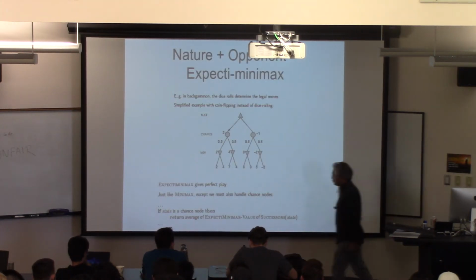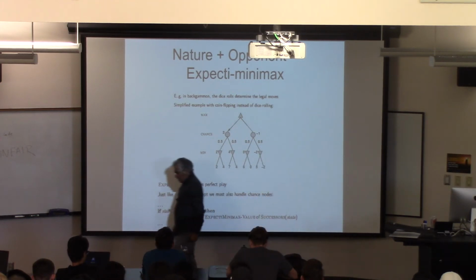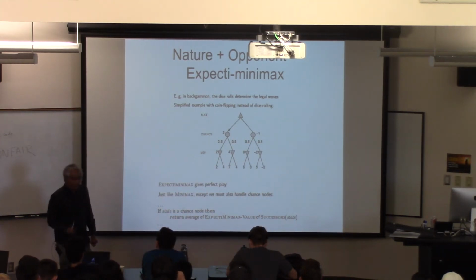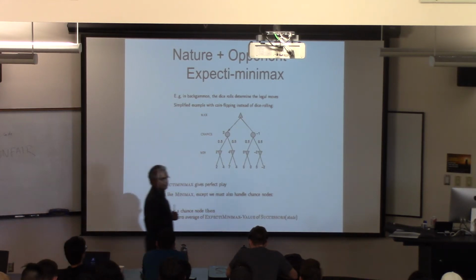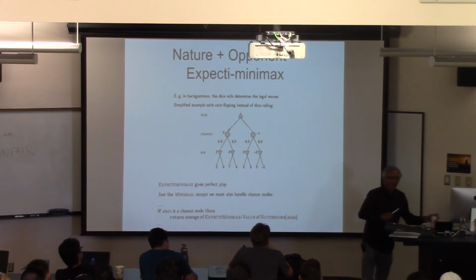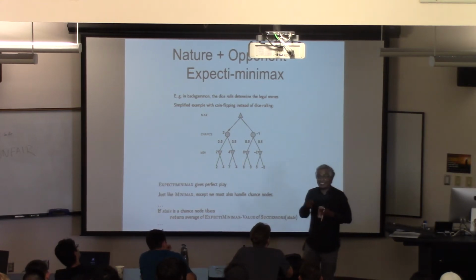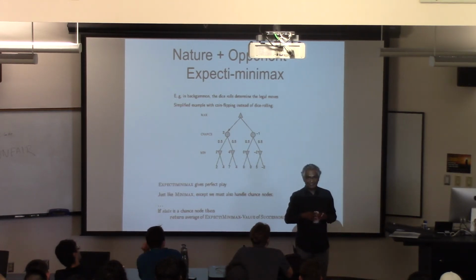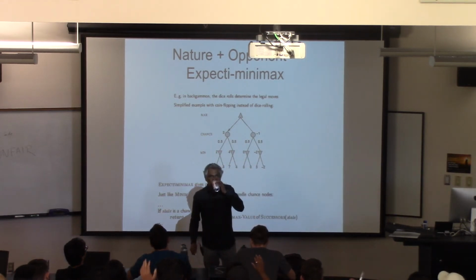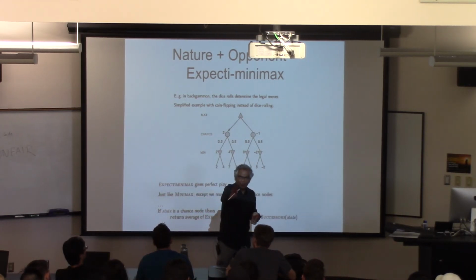The last thing I want to do today is, in addition to playing with nature, you're also playing with an opponent. This is what you do when you have games with dice rolling. How many of you have played snakes and ladders? Remove the dice from snakes and ladders.